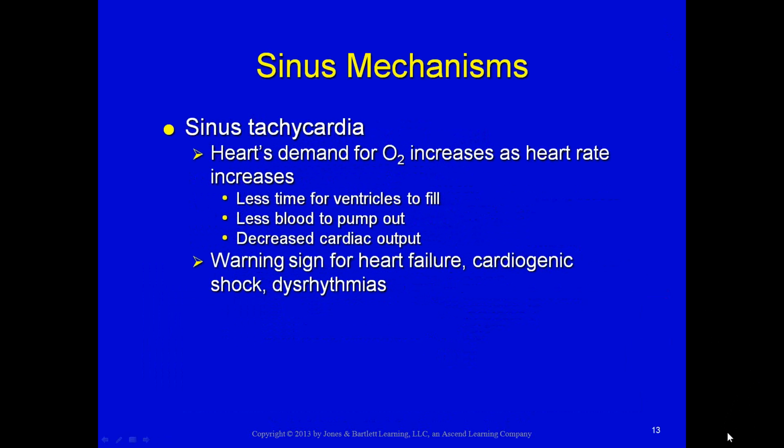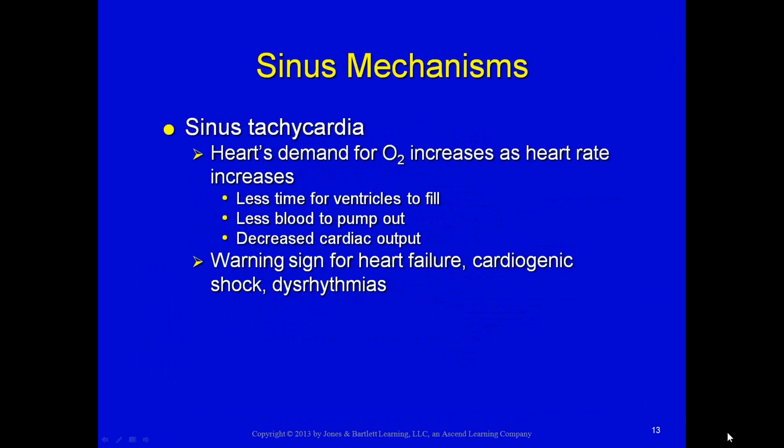The thing to keep in mind about sinus tachycardia is that most of us can handle a heart rate in the 120s, 130s, even the 140s. But if you've got somebody who has a sick ticker, they've got heart disease, and their heart rate's beating 140 a minute, the faster your heart beats, the less time your ventricles have to fill. And so the less blood they're pumping out.